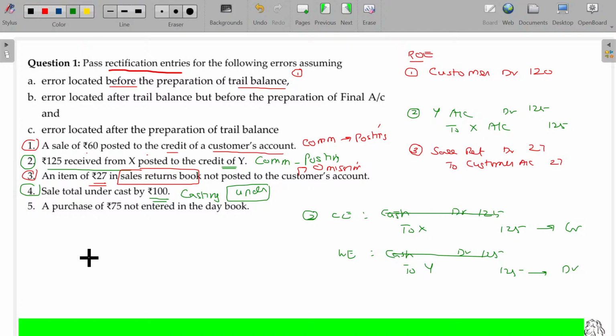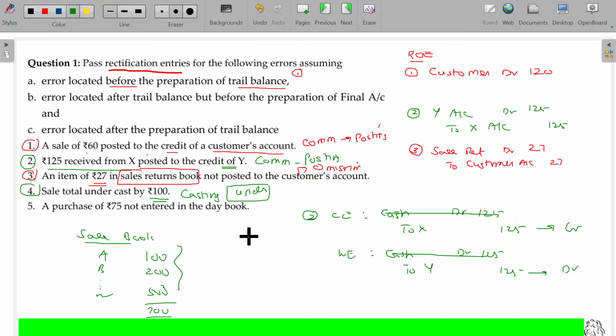Actually, sales total undercast by 100 means the sales book. Maybe we have so many customers: 100, 200, 500 and so on. We assume while totaling these three numbers, we have shown this as 700. The sales book is now undercast, meaning cast lower by 100.